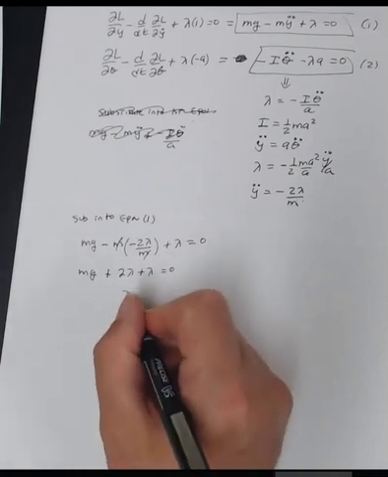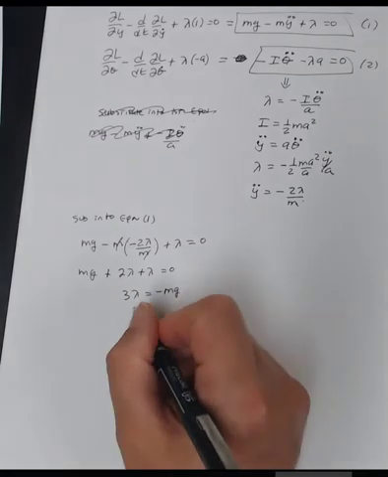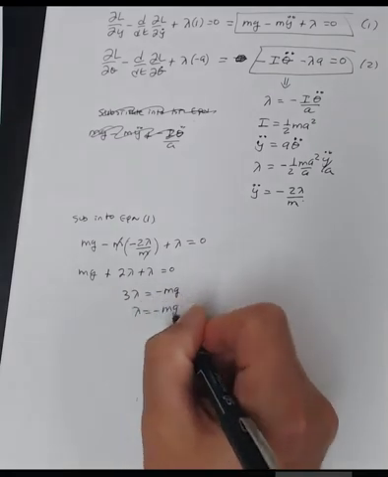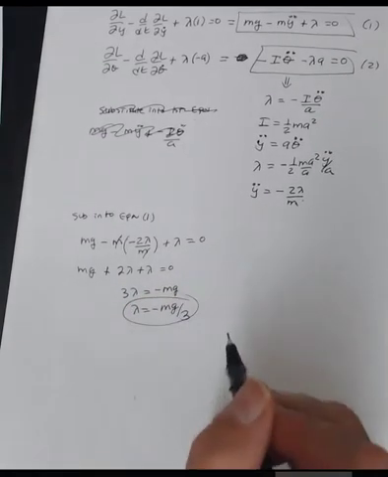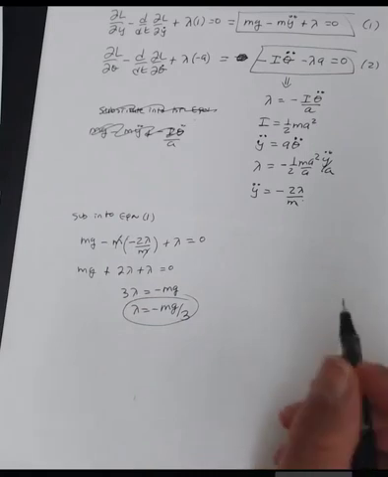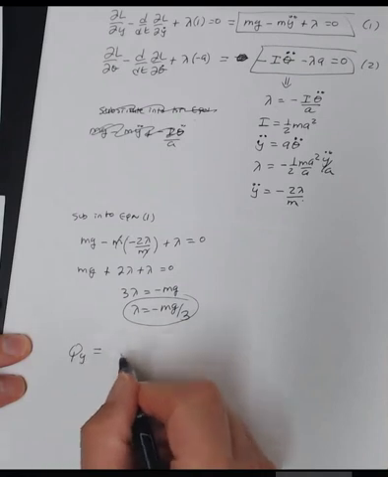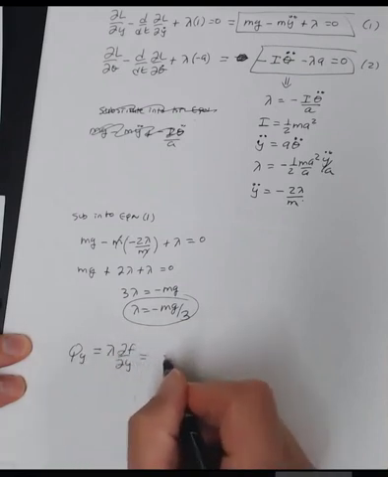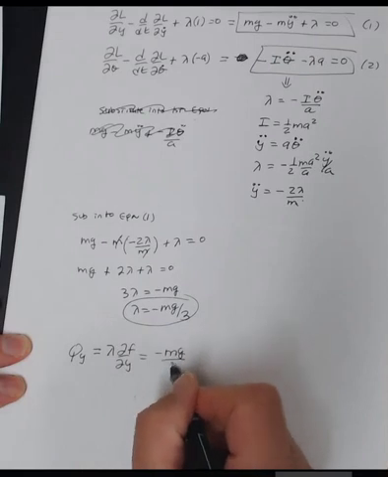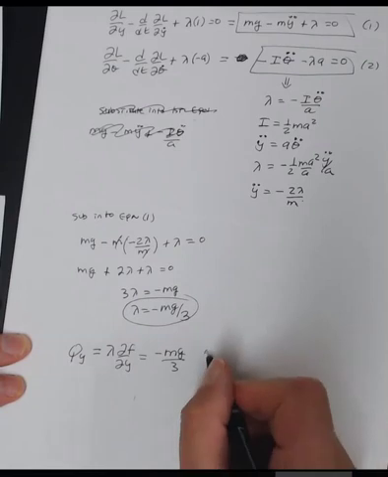So I get 3 lambda equals negative mg. Lambda equals negative mg over 3. Okay. So what do I get? The generalized force for y is lambda dF/dy equals negative mg over 3, and dF/dy is 1. So that's the tension in the string.